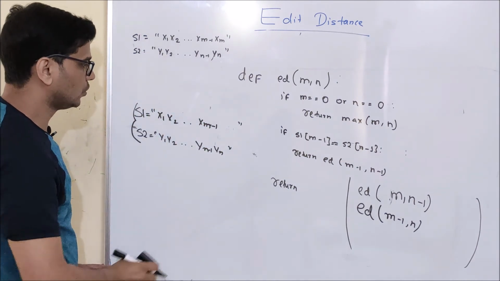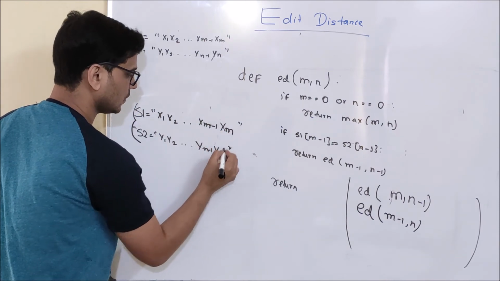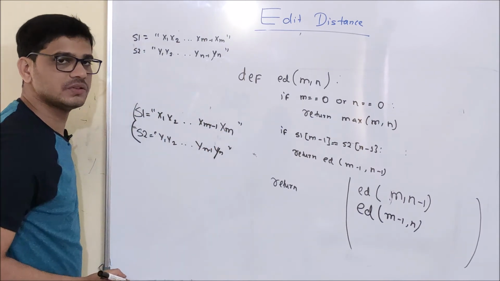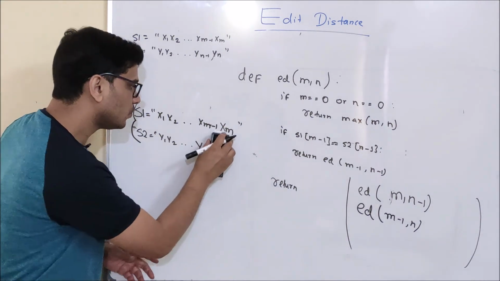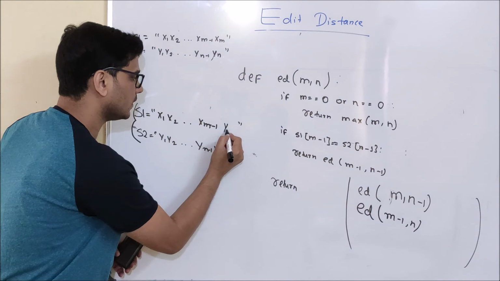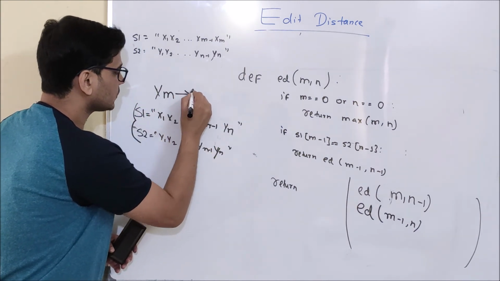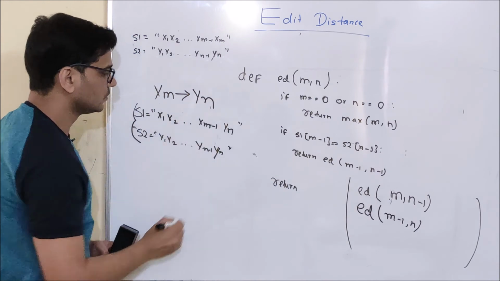Now see the last case, that is substitution. In substitution, basically what will we do? We will convert xm to yn.